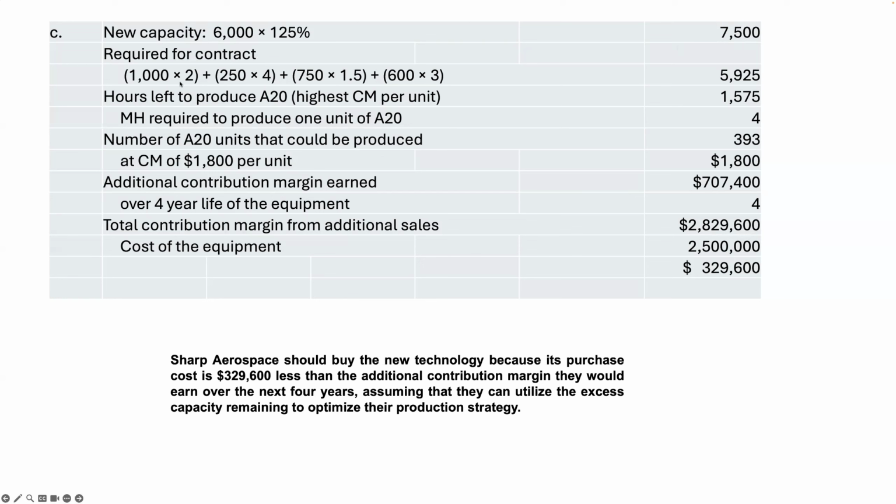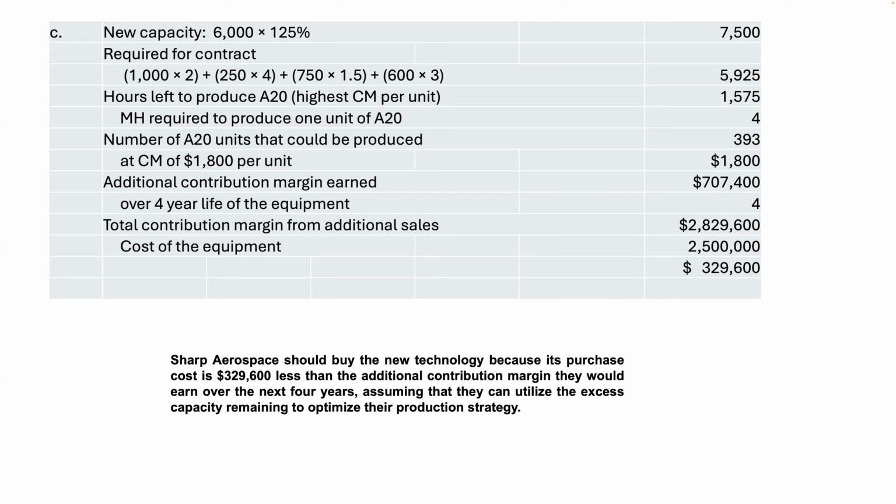And I calculated the total machine hours required is 59.25. So I have some capacity available even after completing the contract with North Plain. So that capacity is the difference, 7,500 minus 59.25. So my capacity left is 1575 machine hours.